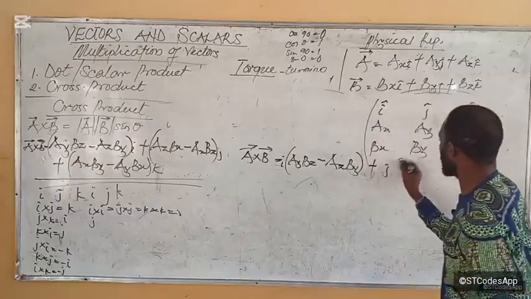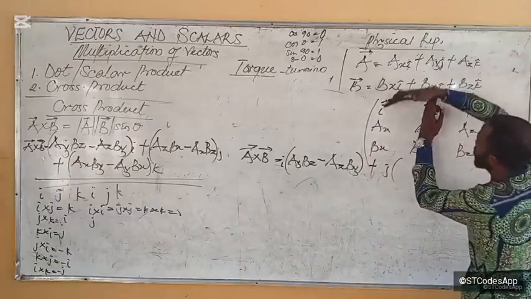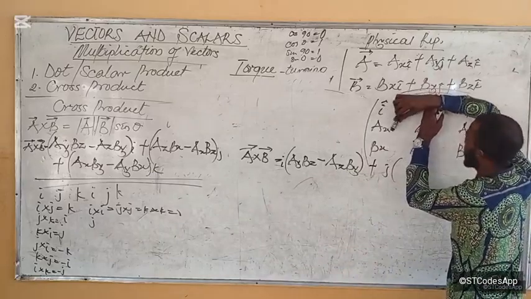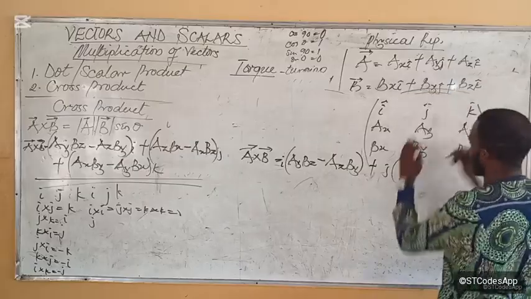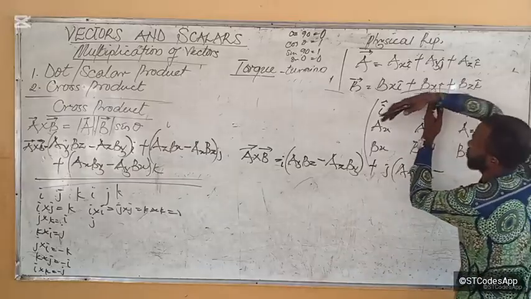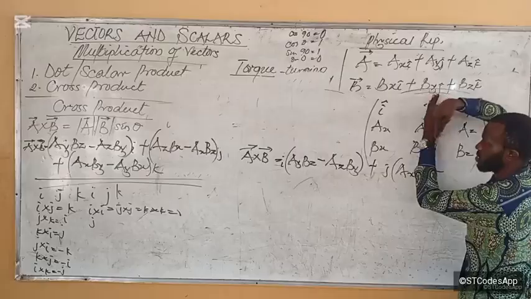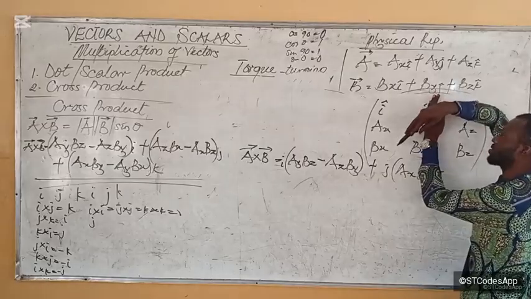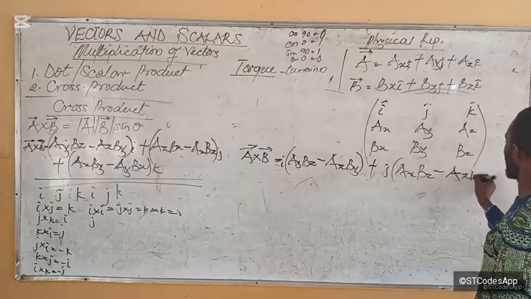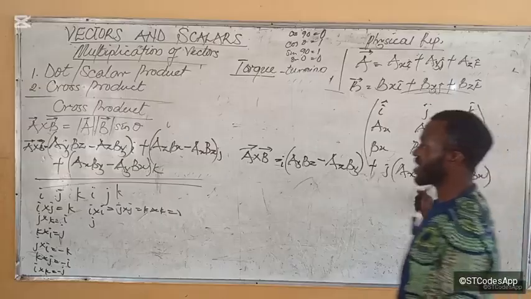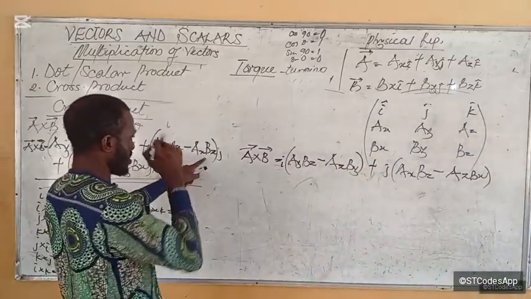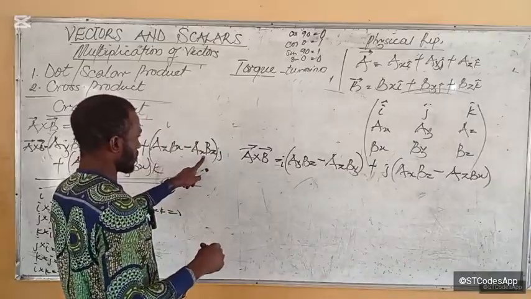So plus for J now, we'll cover here and cover here. So it will be AX BZ minus AZ BX. I hope you are seeing it. I hope I'm not covering yours. What is it? AZ BX. Let's confirm that. AX BZ minus AZ BX.